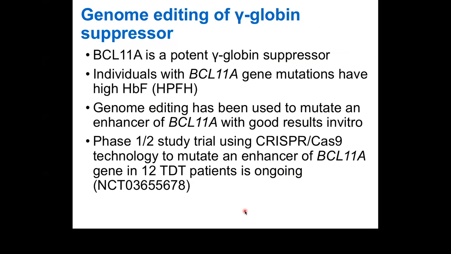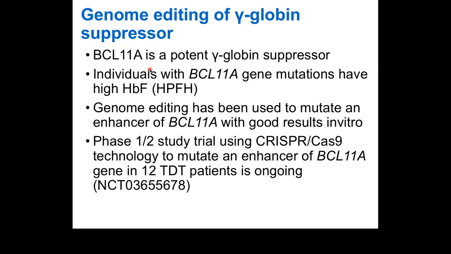So if we go briefly into the two methods, first, genome editing of the gamma globin suppressor. Scientists in the USA and UK have identified a potent gene known as BCL11A, which can suppress the gamma globin. This particular protein is important in suppressing gamma globin after birth.